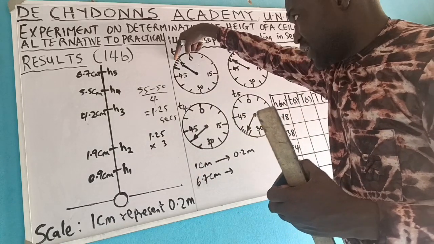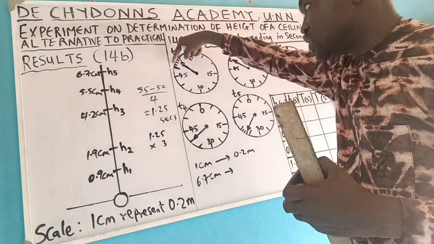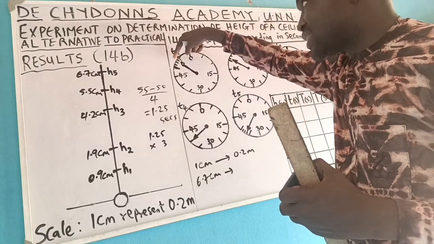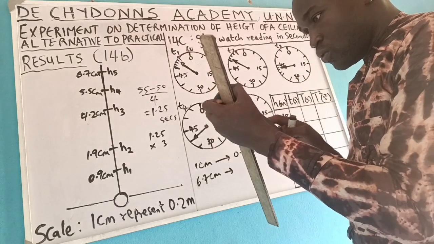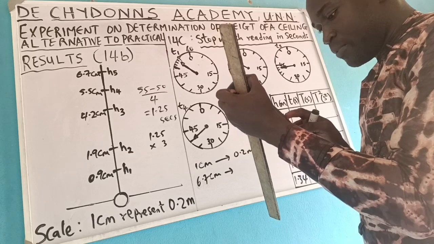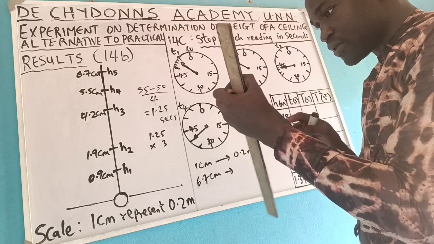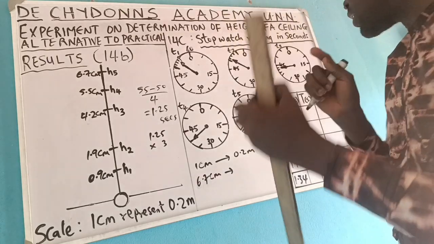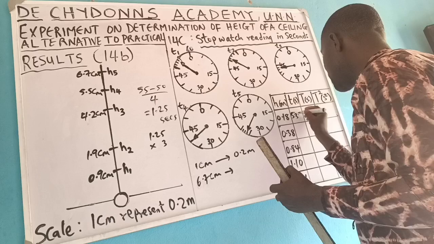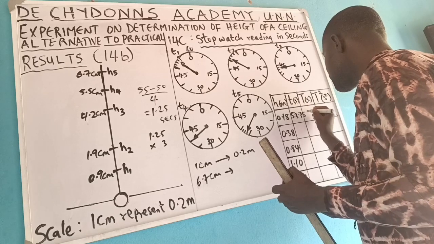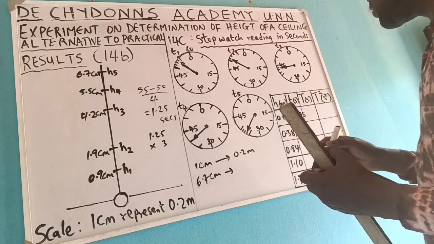That is 3 times each, each is 1.25, plus 50. 1.25 times 3 plus 50 is 53.75. So that is your first T.